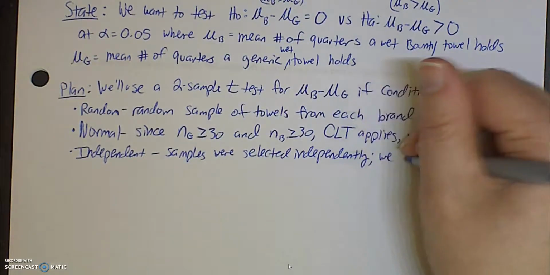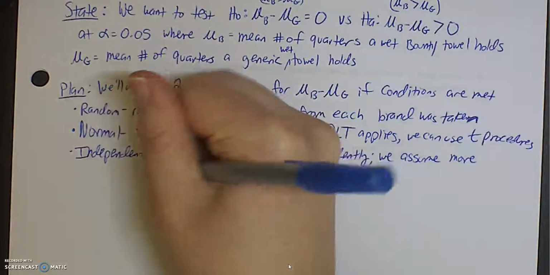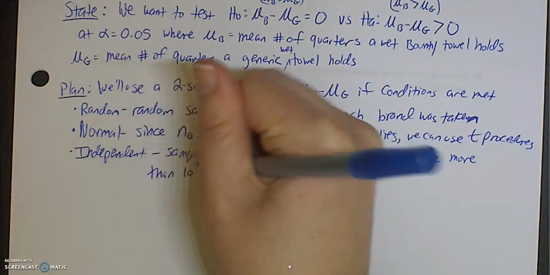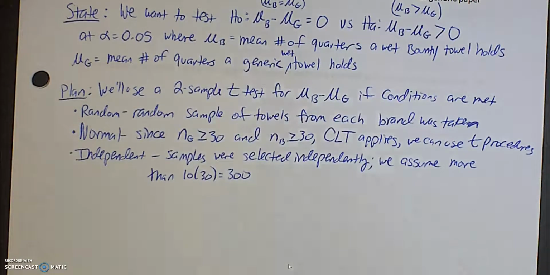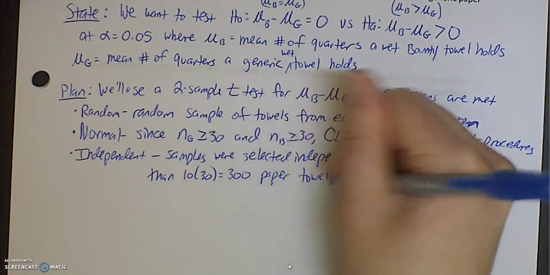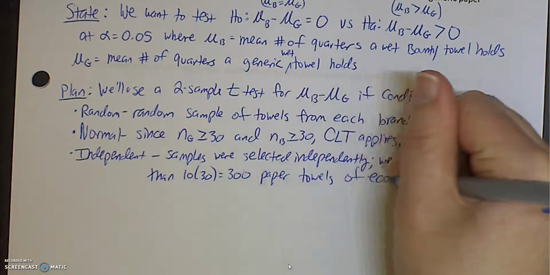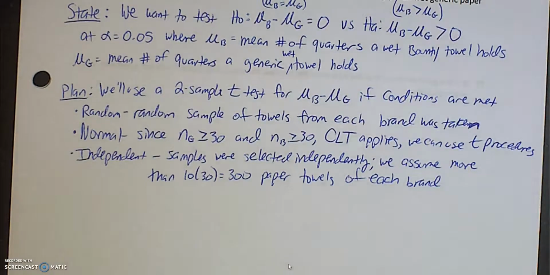So we assume that there are more than 10 times 30, which is equal to 300 paper towels of each brand. Notice how I didn't say paper towel rolls, I said paper towels, because that's what we're looking at here.